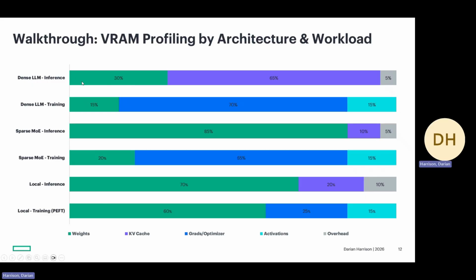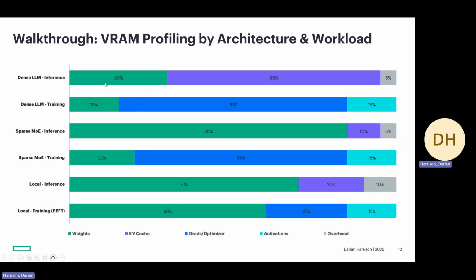You can say 30% is going to be just the model itself to load its weights onto that GPU RAM. For the dense architectures, you should consider storing 65% for key value cache. That's a lot of key value cache, and just plan a little bit of overhead there.